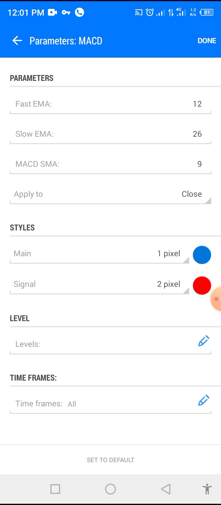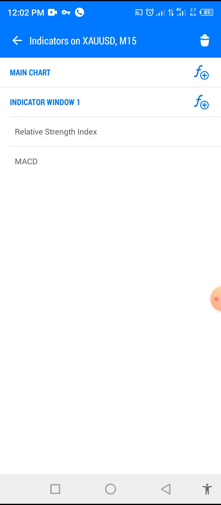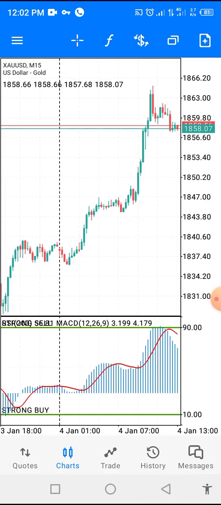Apply to close. For the style, the main one is 1 peso and the signal is 2 pesos. You can use any color of your choice, but I choose to use blue and red. Then you click on done. As you can see, this is the MACD.